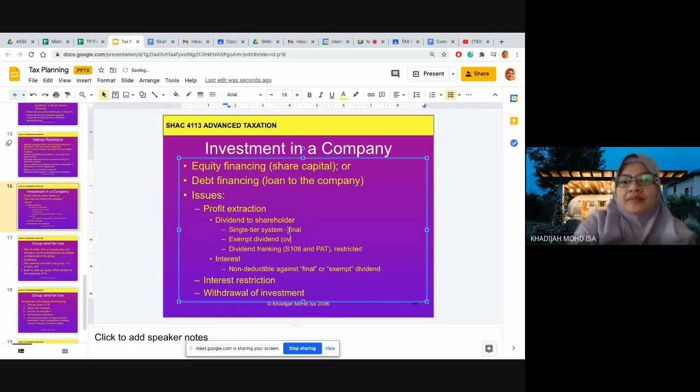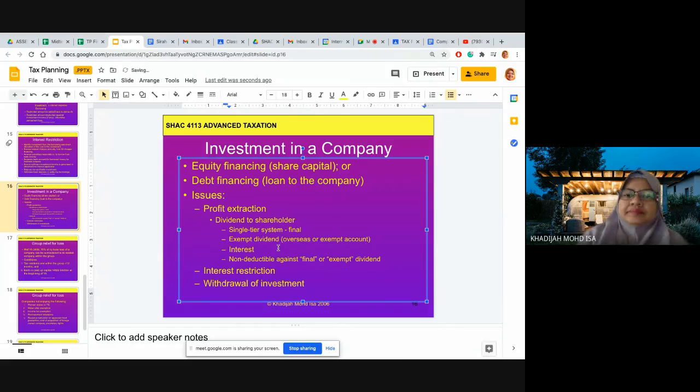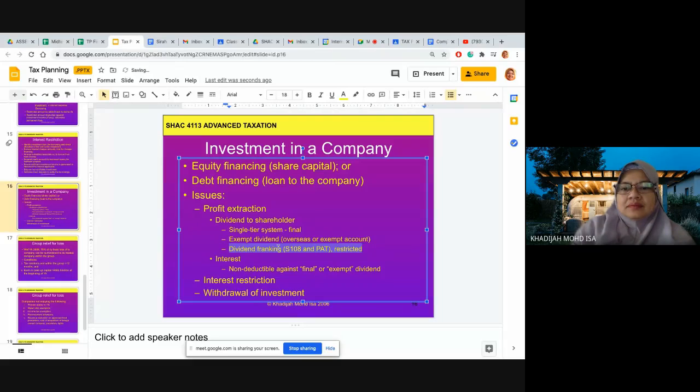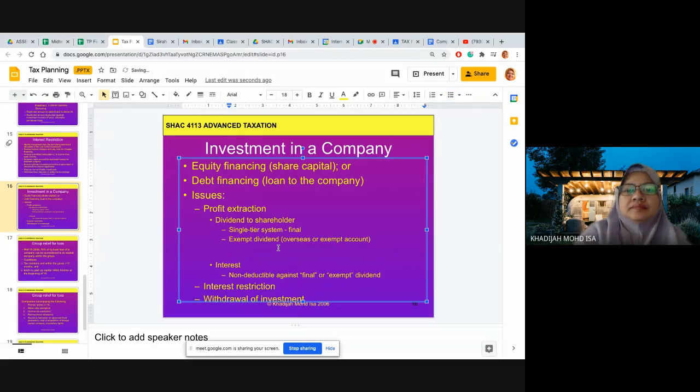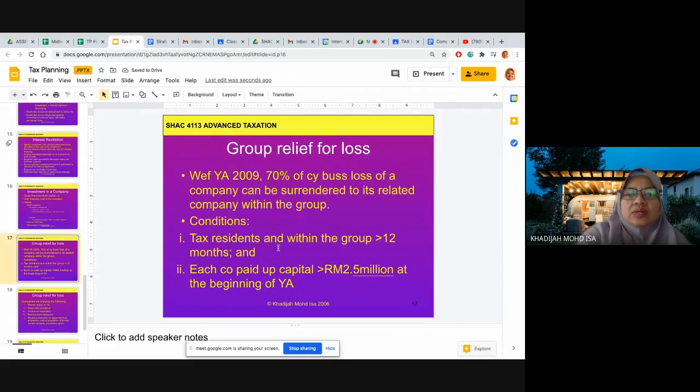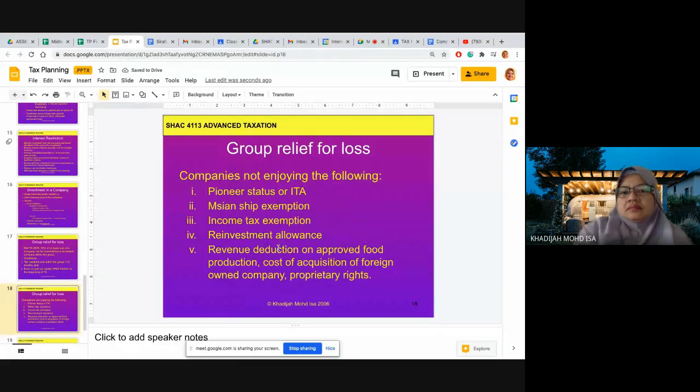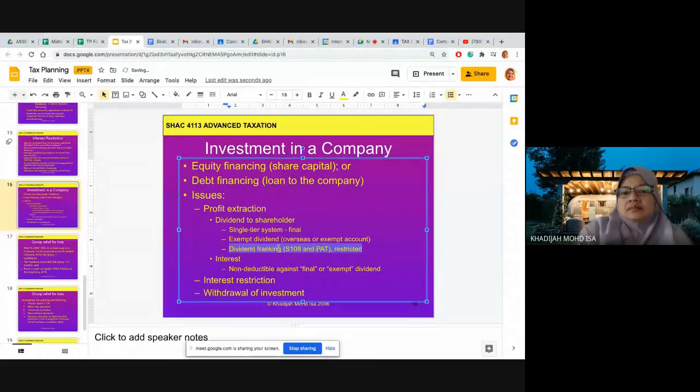Bila dapat exempt dividend, overseas or exempt account. Okay, so when you have that, section franking ni dah tak ada. Okay, Command Z balik. Okay, right, remember that the interest is now restricted. It's no longer deductible. Okay, jadi.